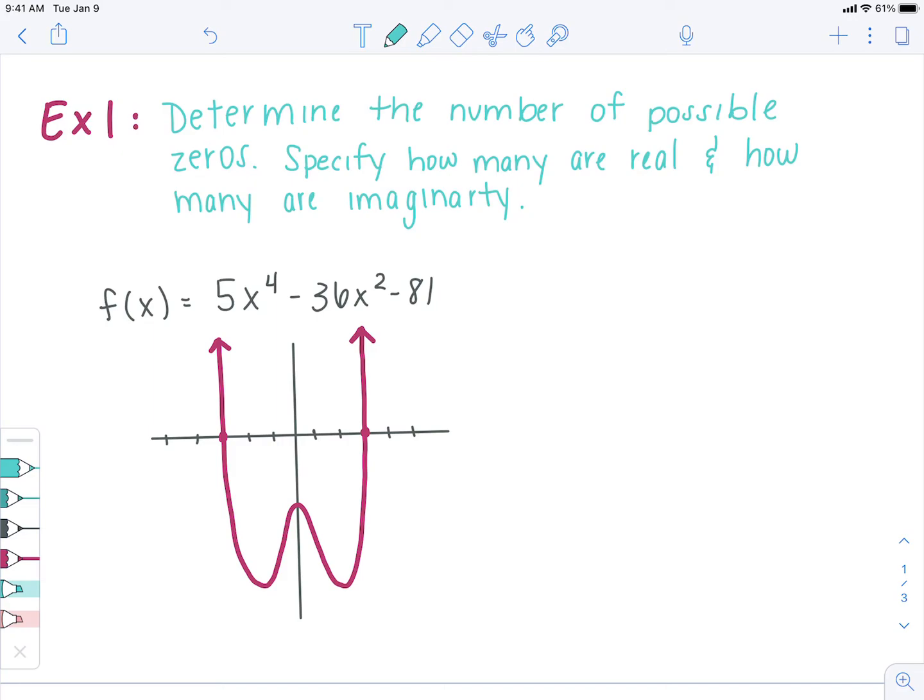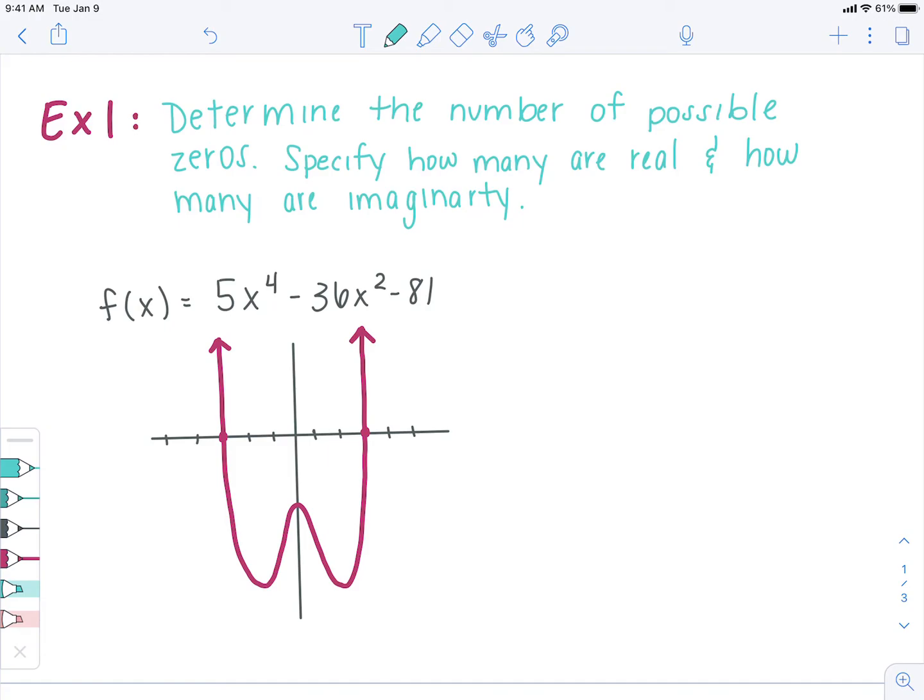So if you're not a super graphing genius, you're happy that they've invented Desmos.com, right? You go in and you type in the equation, and they give you a picture, and then you can see where it crosses. Right, cool. So I went in and I typed in 5x to the 4th minus 36x squared minus 81, and I got this beautiful picture.